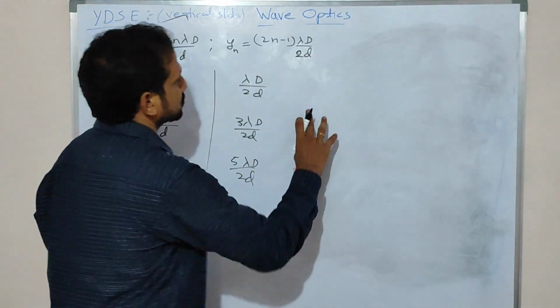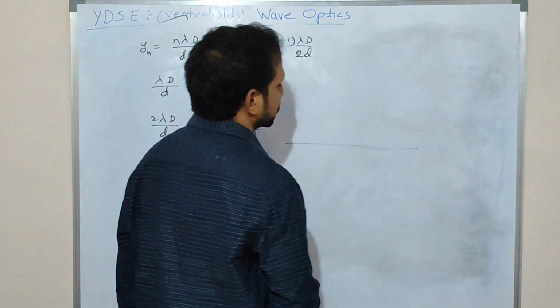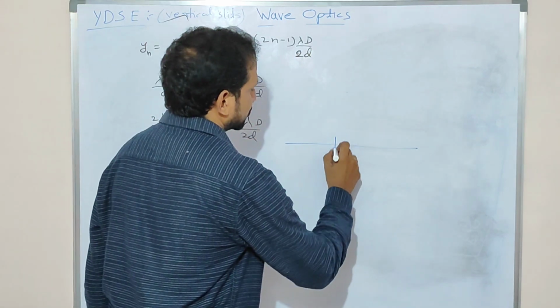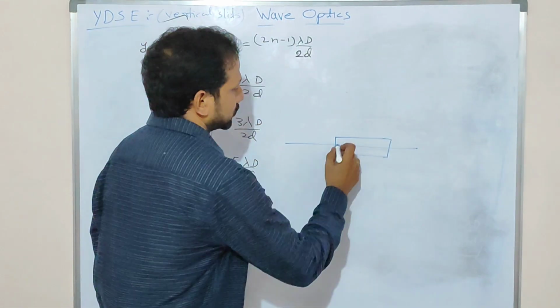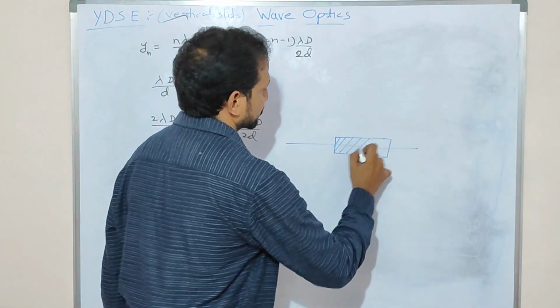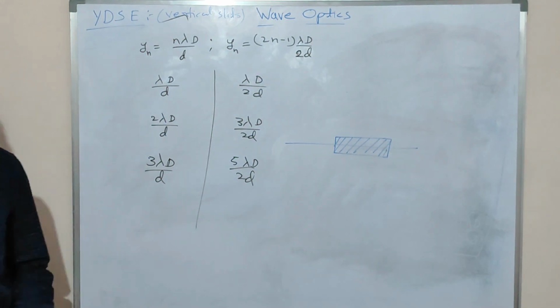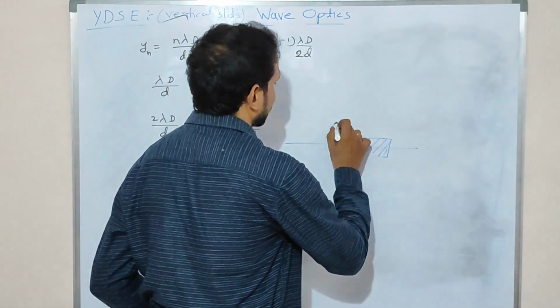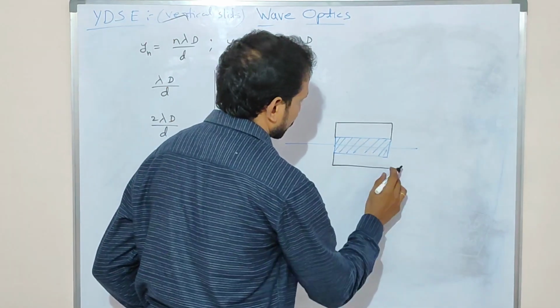If you draw the situation on the board, consider this is the main line, with the central bright fringe here. Immediately after the bright fringe, a dark fringe should form, and below also there should be a dark fringe.